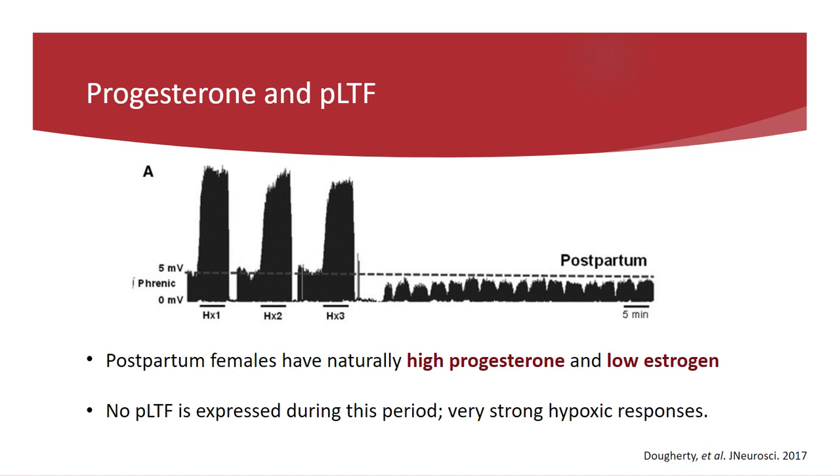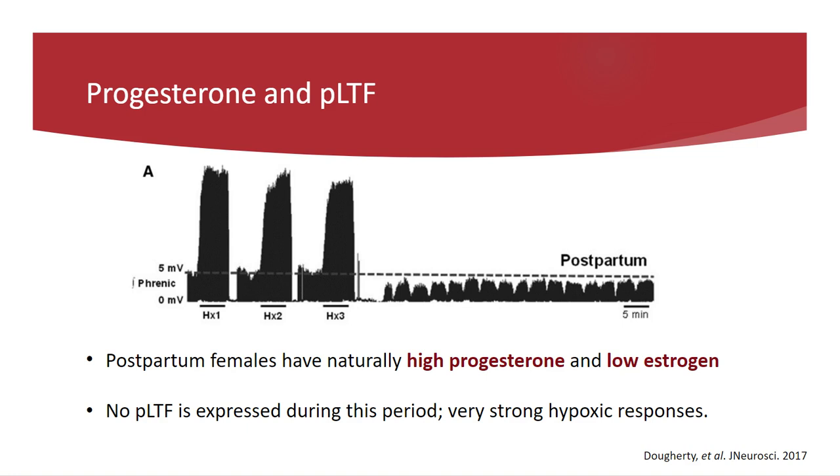That period is naturally occurring in rats in early postpartum. So we studied a group of postpartum female rats that have this naturally high progesterone and low estrogen. And what we found was that they did not express phrenic long-term facilitation after intermittent hypoxia.